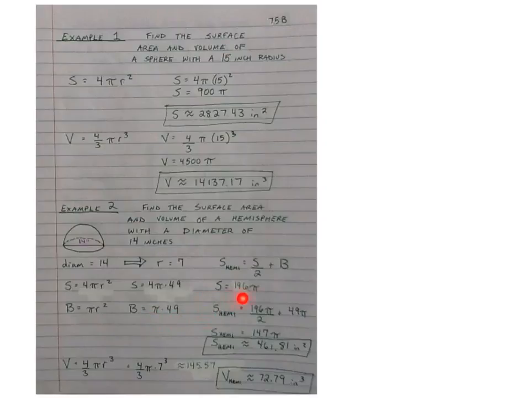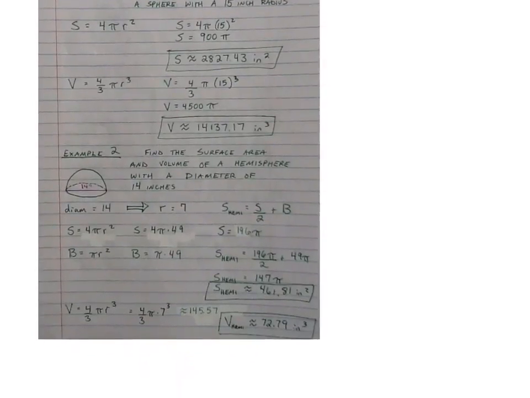So the surface area of a hemisphere is going to be half of the whole sphere plus the base. 196 pi divided by 2 plus 49 pi is roughly equal to 461.81 inches squared.